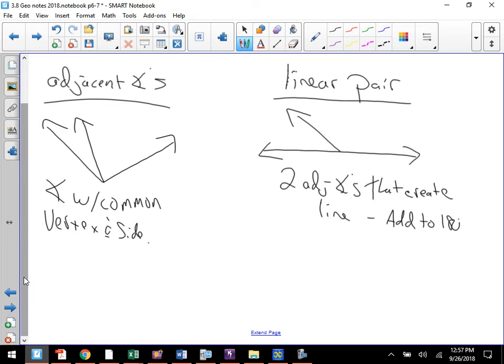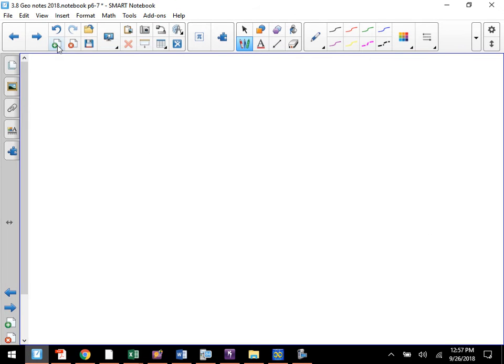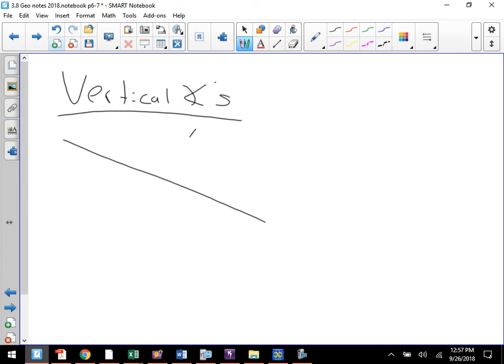in chapter 3. What was it? Vertical, very good. And that was vertical angles. And if you recall, when we dealt with vertical angles, that was just basically when you had 2 lines that intersected. When 2 lines intersected, you had 4 angles that were created.